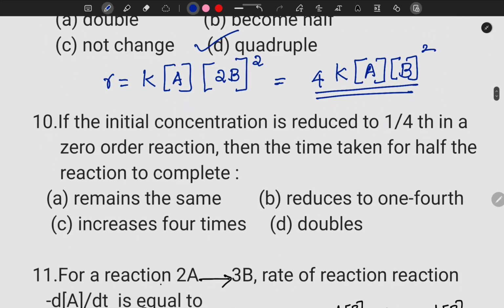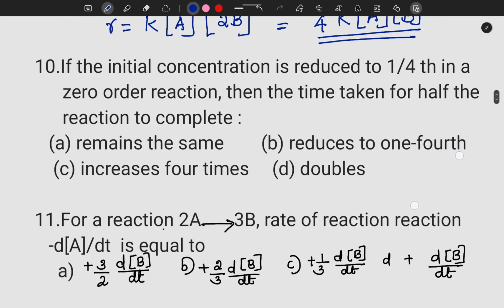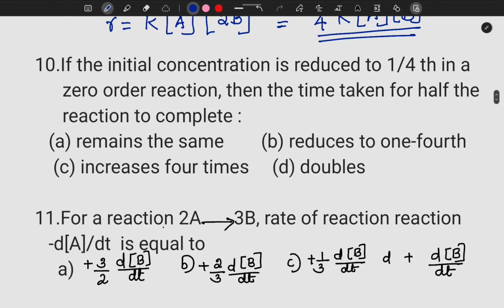If the initial concentration is reduced to 1 by 4 in a zero order reaction, then the time taken for half reaction to complete. So t half is equal to R0 by 2k. This is the half-life equation for a zero order reaction. And it is mentioned the initial concentration is reduced to 1 by 4.